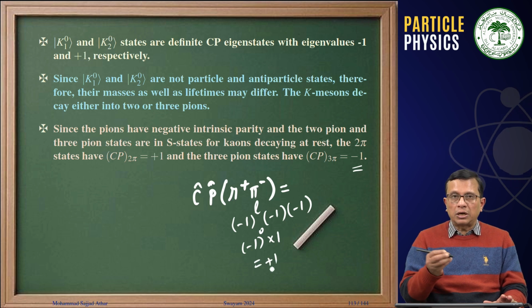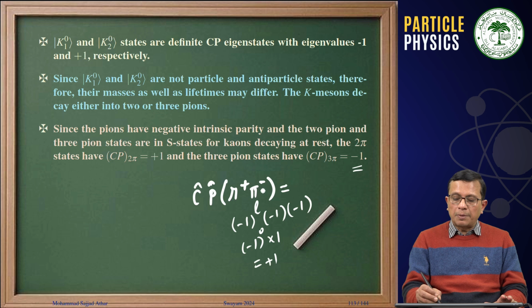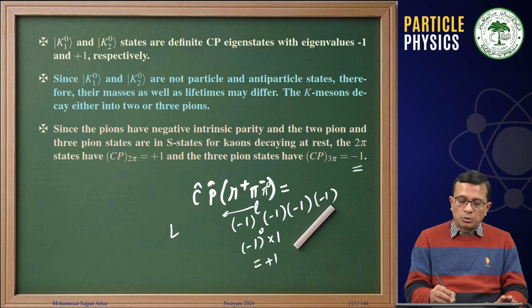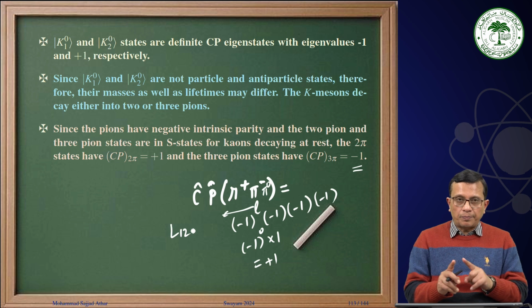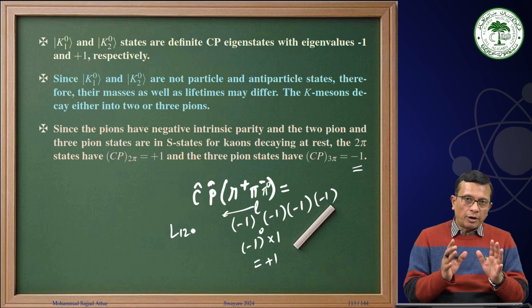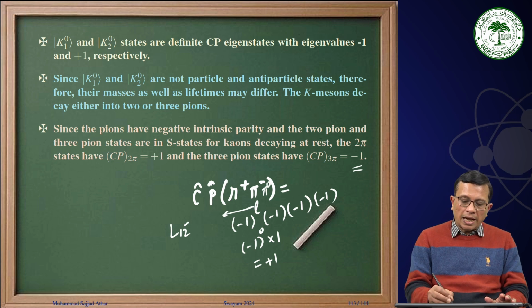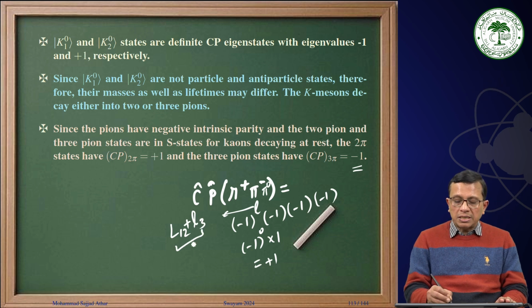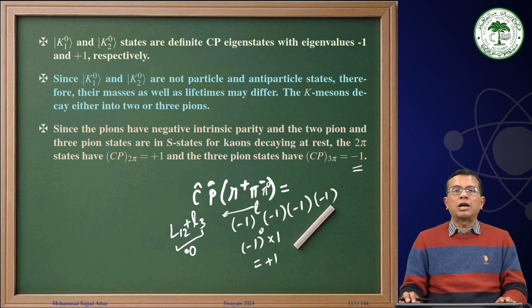While when we have 3 pions, say pi plus, pi minus, and pi 0, then there will be a parity for pi 0 also, and this quantity will change to the orbital parity of first the angular momentum between 1 and 2, and that will add to the third one, but it is consistent when this total angular momentum is 0.